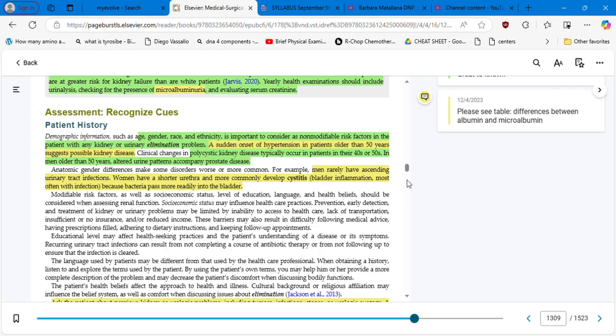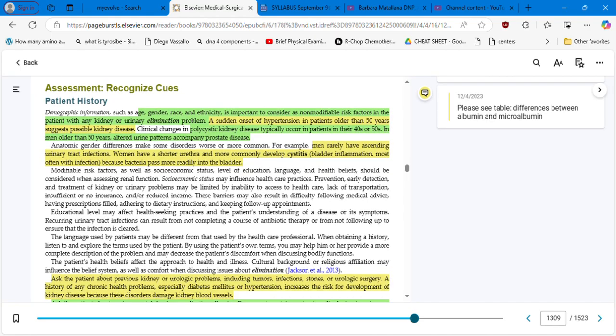Another concept that I really want you to remember, cystitis, because bacteria pass more rarely into the bladder in men, right? So in women, the urethra is shorter. So that's why the bacteria is going to enter the bladder easily. In men, the urinary tract infection is not as common because the urethra is longer.